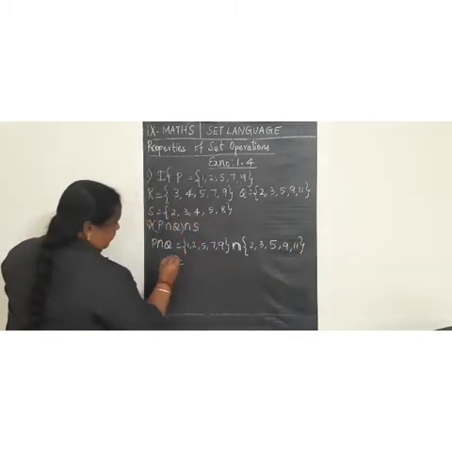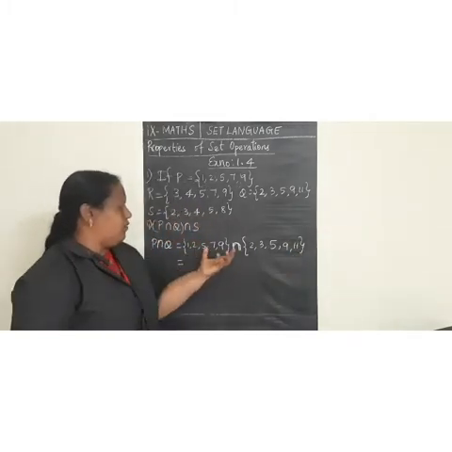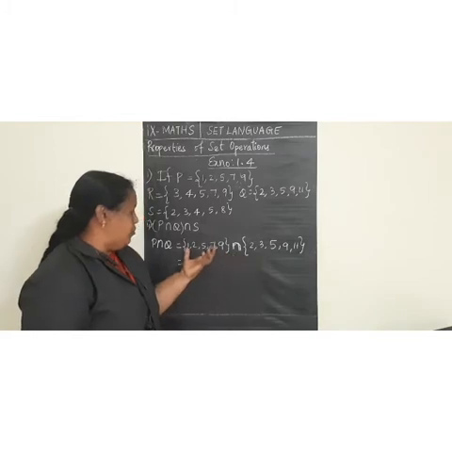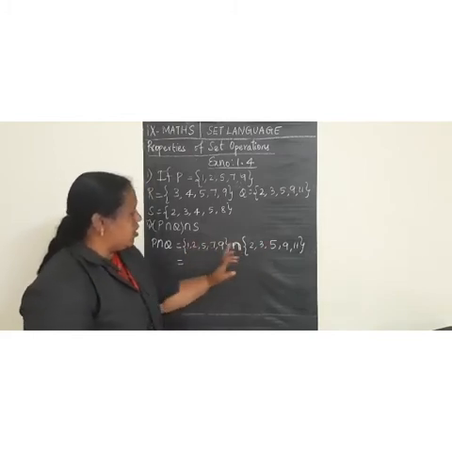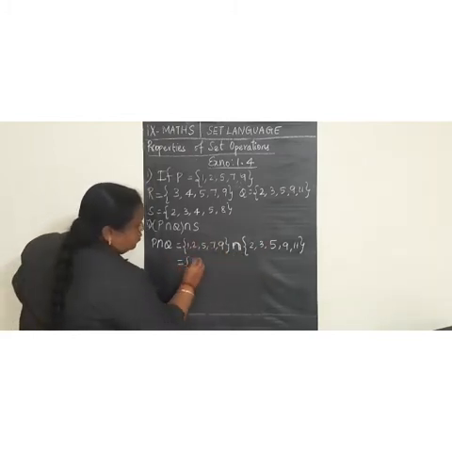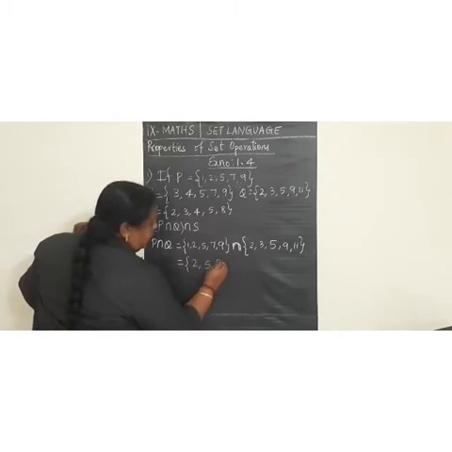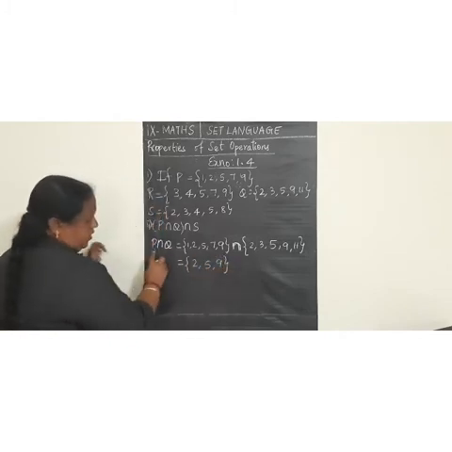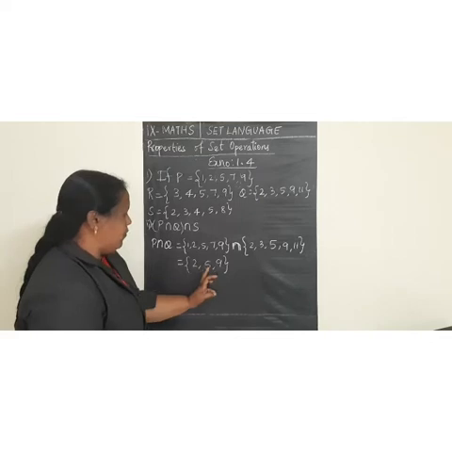P intersection Q means we write only the common elements in both the sets. In both the sets, the common elements are 2, 5, 9. So P intersection Q is equal to 2, 5, 9.